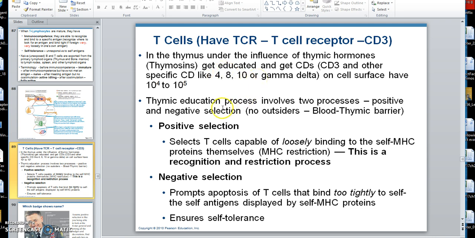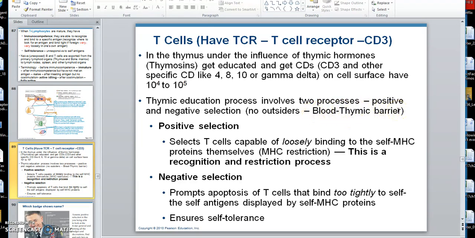Okay. So the thymic education involves 2 processes, positive and negative selection. Now, while you're undergoing the education process, you don't want any foreign substances coming in. So therefore, we have a blood-thymic barrier, just like you have a blood-brain barrier.